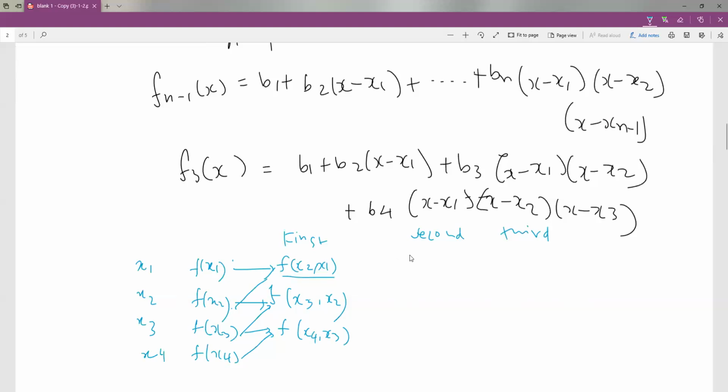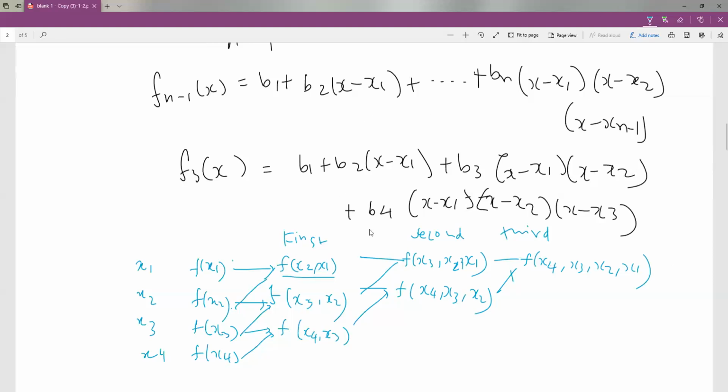And the second divided differences can be written as the function of x3, x2, x1, f of x4, x3, x2, and you can see here that this is going to use this formula. Third one, f of x4, x3, x2, x1, the final one.